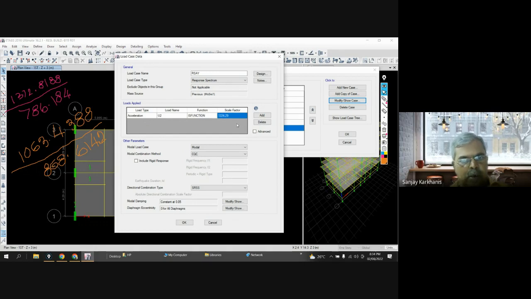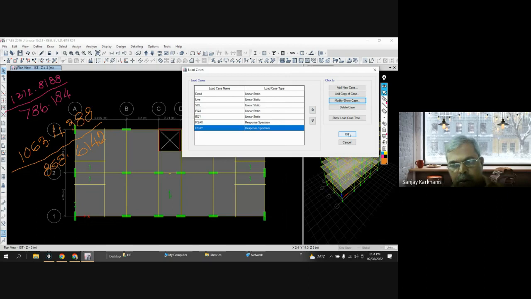Okay, so enter. Then click OK, then click OK.